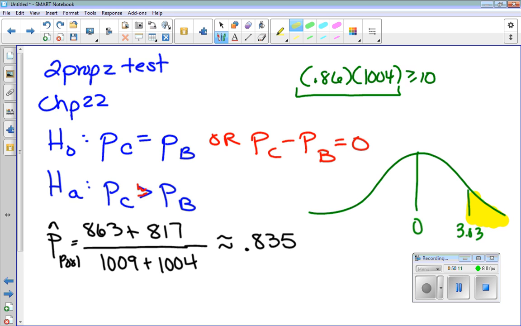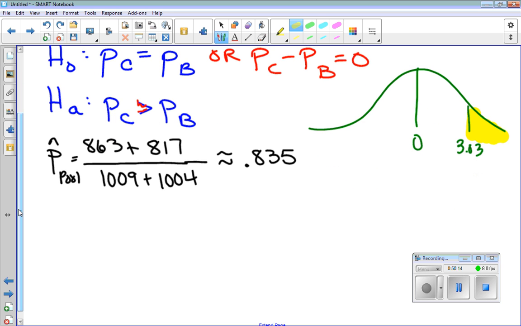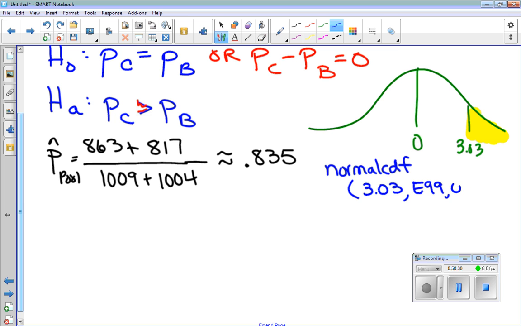Now, p-value, here's another common mistake. How do I find this? This is normal CDF because this is proportions, right? So it is normal, not T. Z procedures, not T procedures. Between our z-score, you know what? If you're using a z-score, that should be a 1.